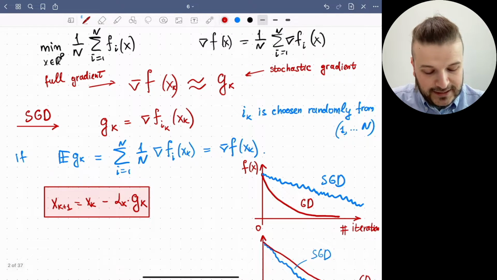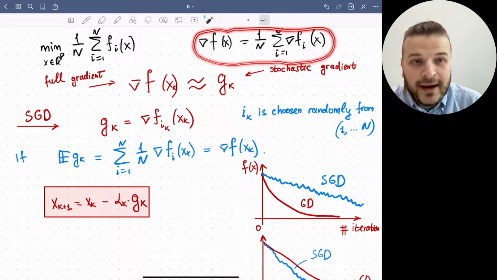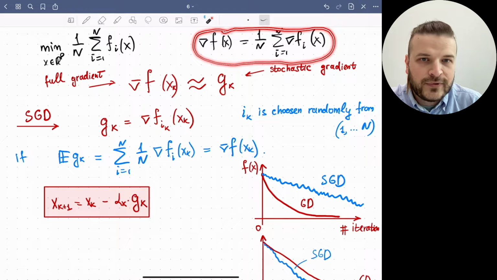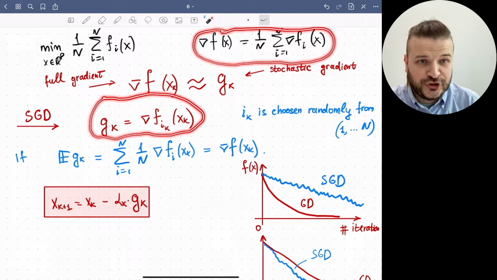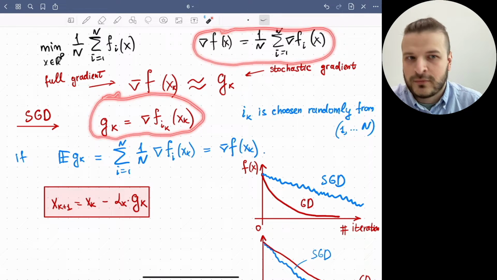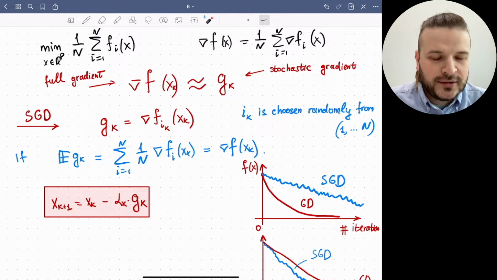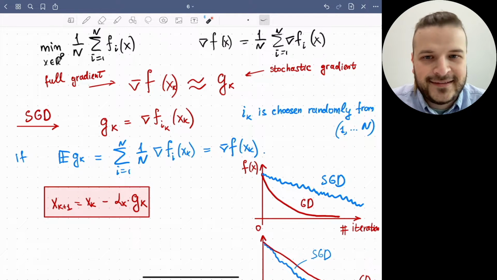And again, let's take a look at the initial problem. Initially, we have a gradient which is the sum of a very big number of gradients, which is n. But in stochastic gradient descent, we have the estimation of such average value using only a single term. The natural question here could be, okay guys, why do we need to use only a single term to estimate this average value? What if we take, let's say, several terms and average them?